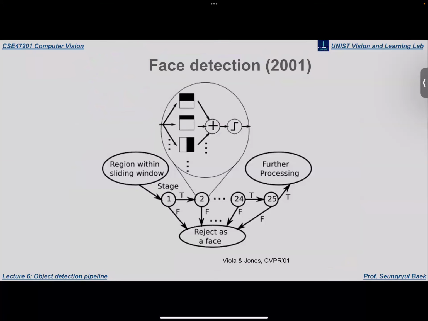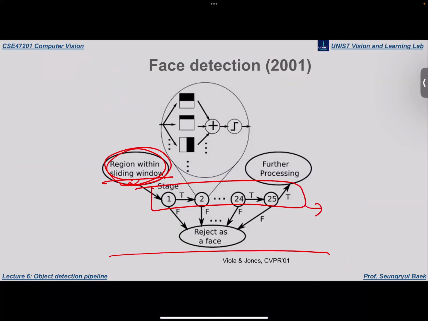And this is the pipeline from their paper. They apply the sliding window approach, and they extract the region within the sliding window. This denotes the boosting algorithm, which is one of the classical machine learning algorithms that classify samples into discrete classes.